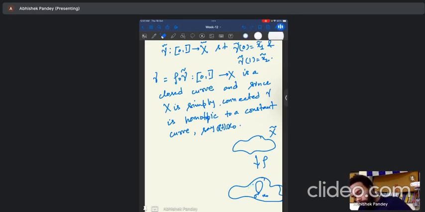Now you just have to use the monodromy theorem. So here is your x1 tilde. Now this is homotopic to this one, and basically gamma tilde is a lifting of gamma.